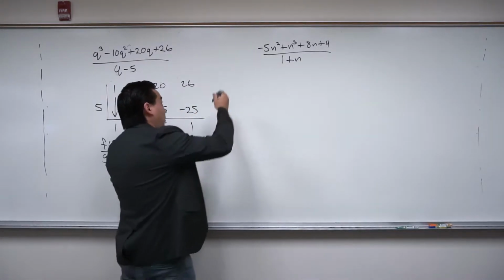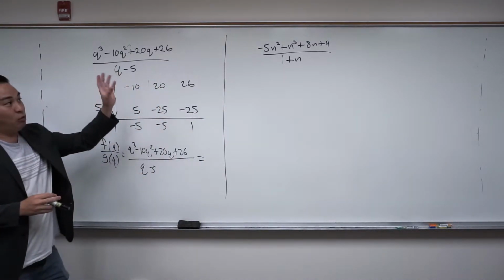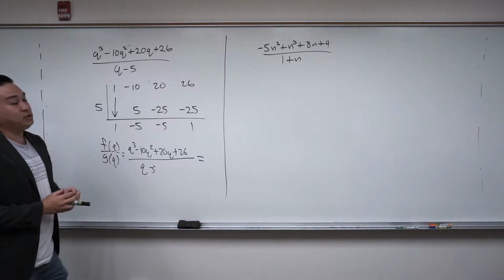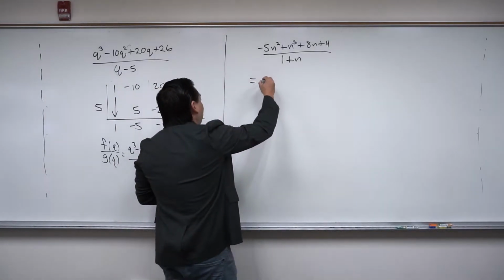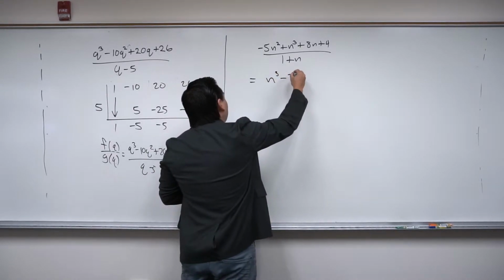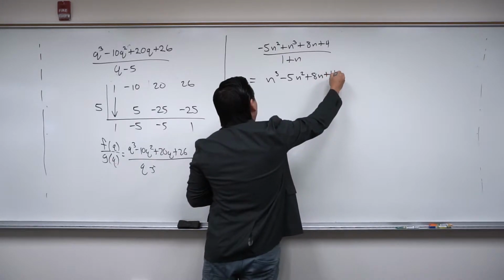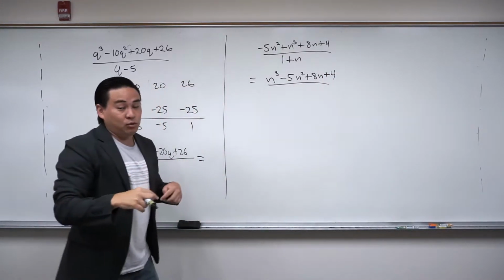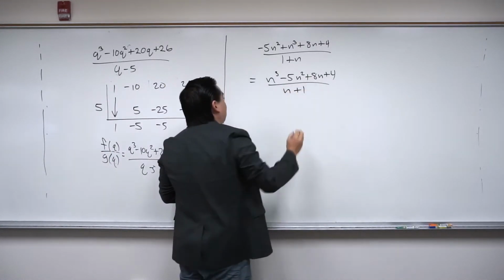So let's do one more problem. So this problem is all over the place, right? So the first thing you need to do is rewrite it into the correct form. So we want it in descending order. And we want the numerator to have the variable at the front. So n plus 1.